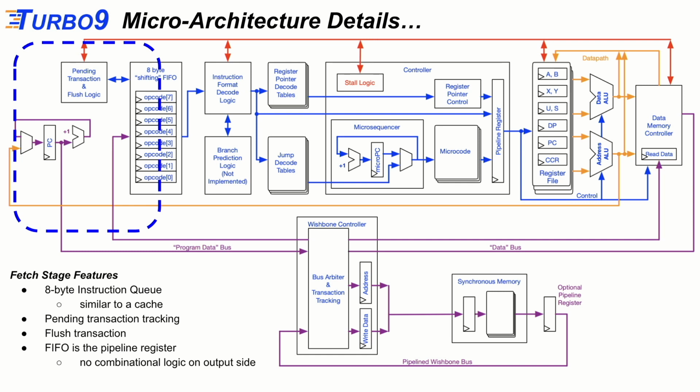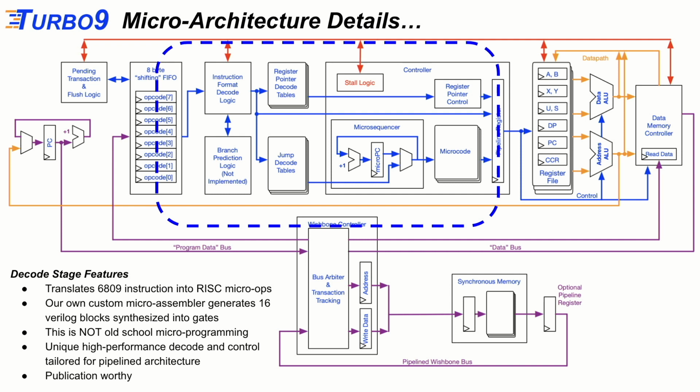So you need to track how many requests you have out on the bus in case you need a flush. The other note here is this FIFO is a little bit unique. It's not a standard circular FIFO, it's a shifting FIFO, and the reason we do that is because we want to put all of the combinatorial logic on this side and just show registers on this side, to reduce our timing paths over here, to reduce our critical path in the decode stage.